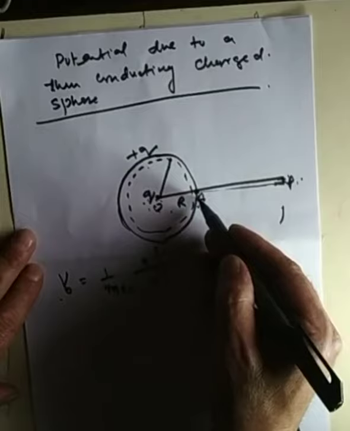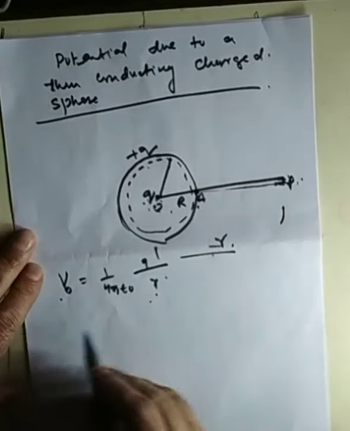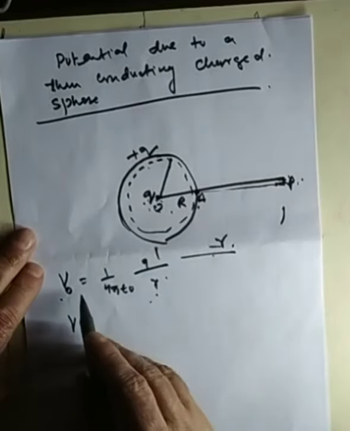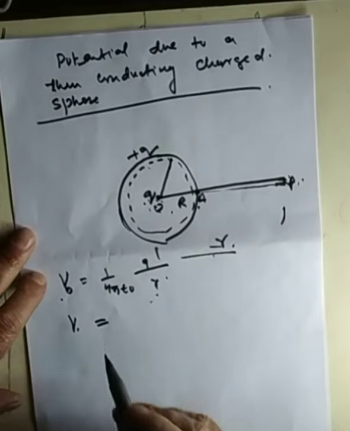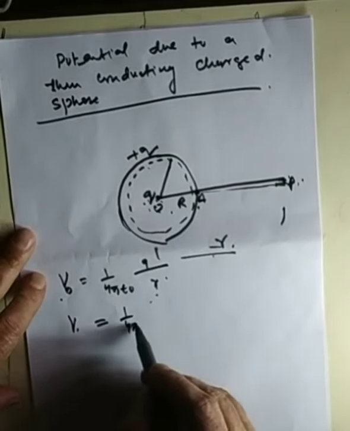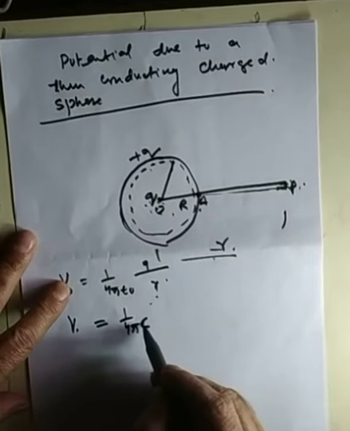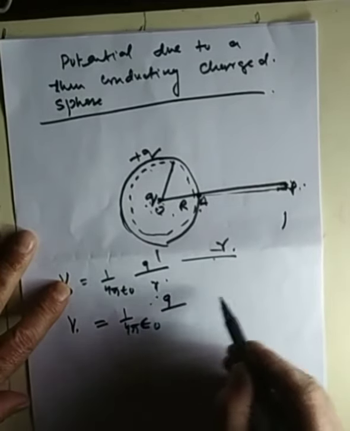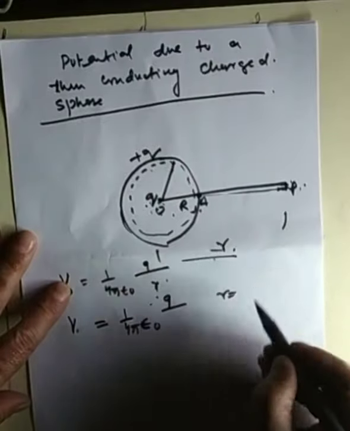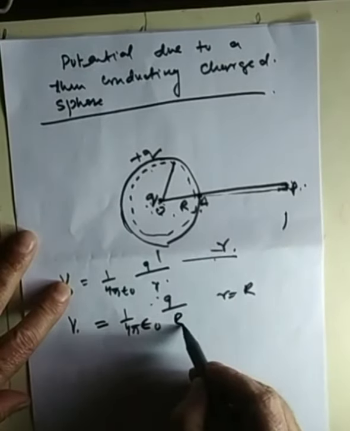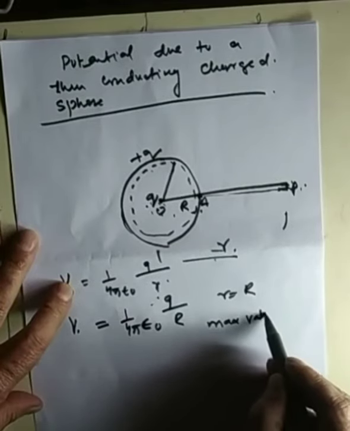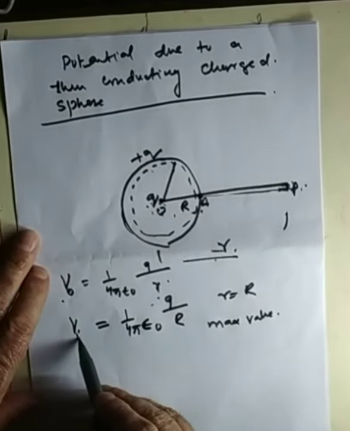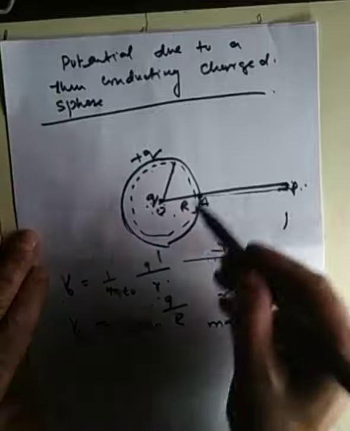So the potential on the sphere will be equal to 1 by 4 pi epsilon 0 times Q by R, since r becomes equal to R. So this will be the maximum value, on the surface of the sphere.